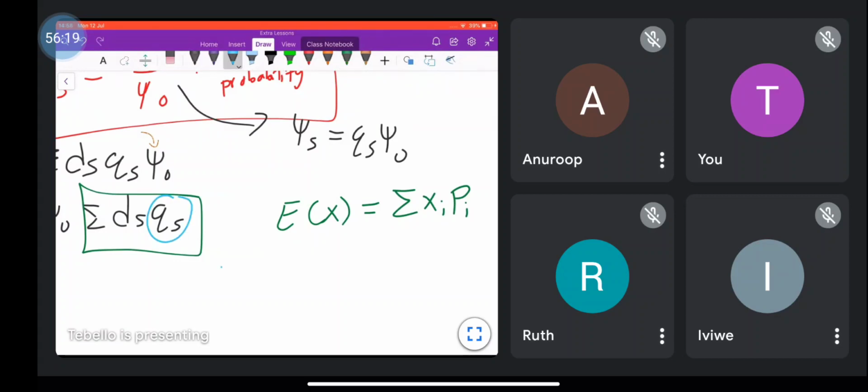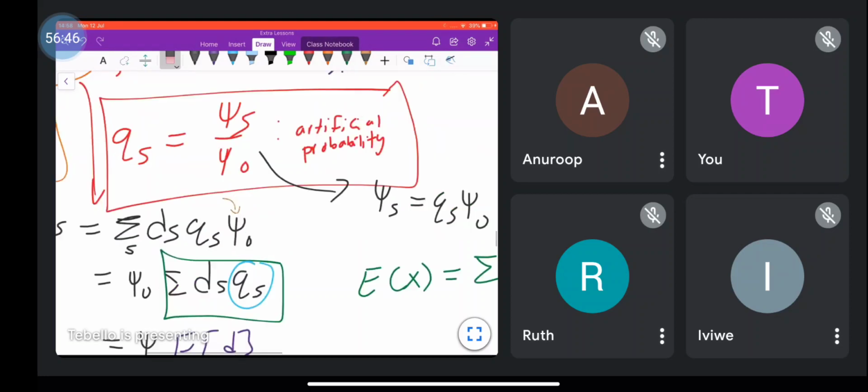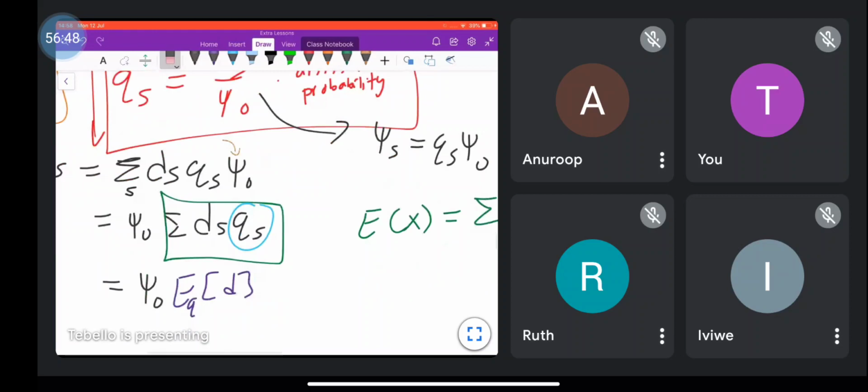So we can basically say psi 0, the sum of, actually not sum, we can just replace the sum with the expectation. So that's going to be the expectation of the payout, again using q as your probability, because we already know that q is a probability, so we can express this as an expected value.